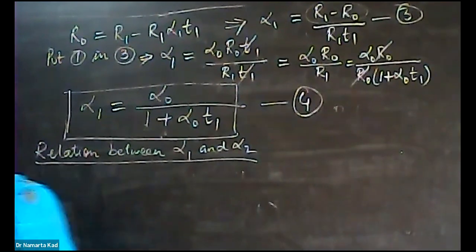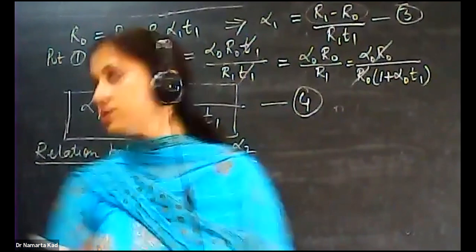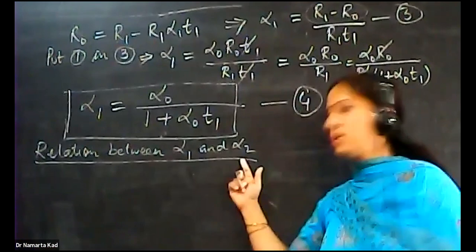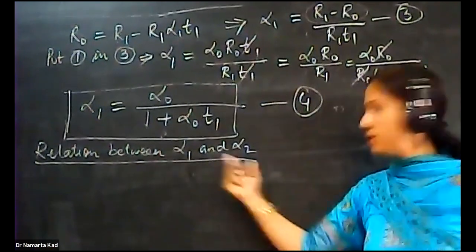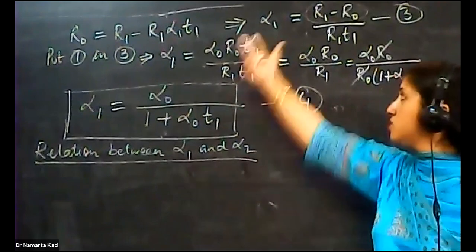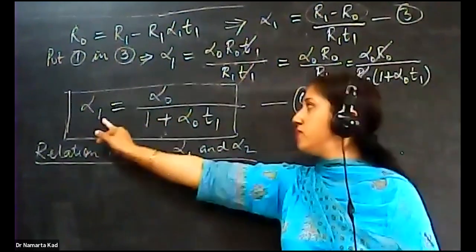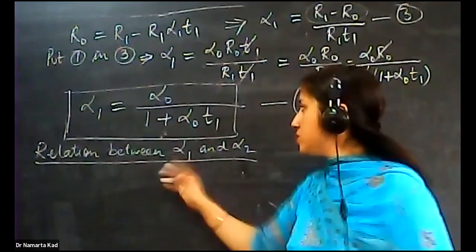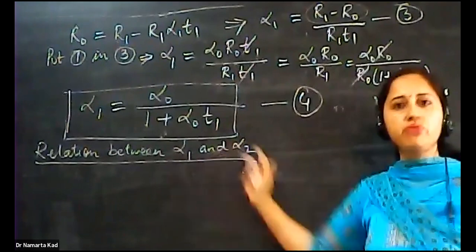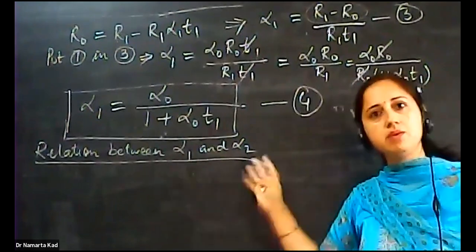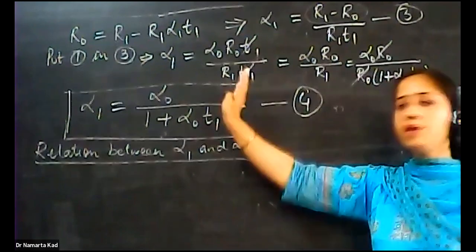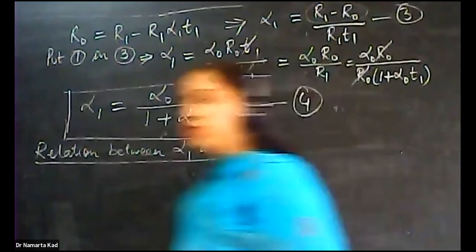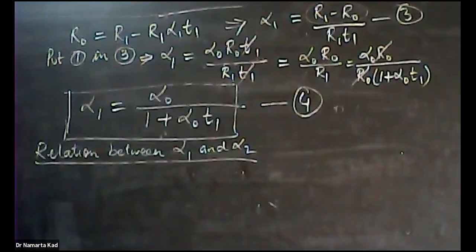Alpha 1 is the temperature coefficient at T1 degree C and alpha 2 is the temperature coefficient at T2 degree C. Okay, there are two different temperatures. Whereas in case of the first derivation, one temperature is T1 whereas the other temperature is 0. But in this second derivation, there are two different temperatures, maybe 20, 40, maybe 30, 60. Whereas in the first, one temperature is 0 and the other may be any.